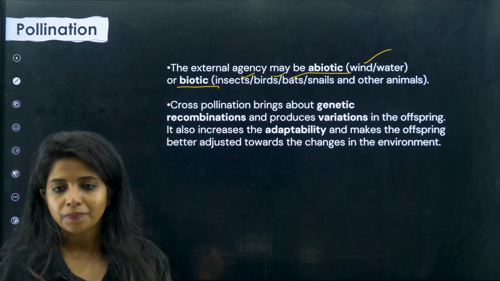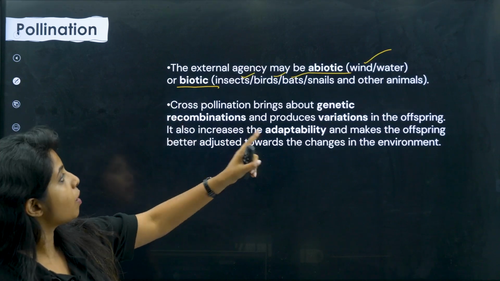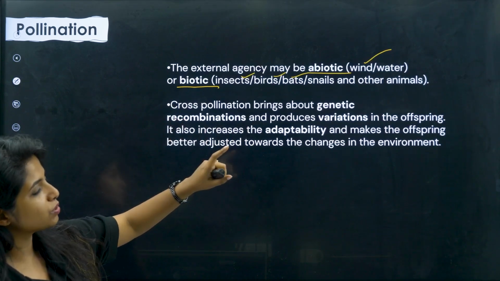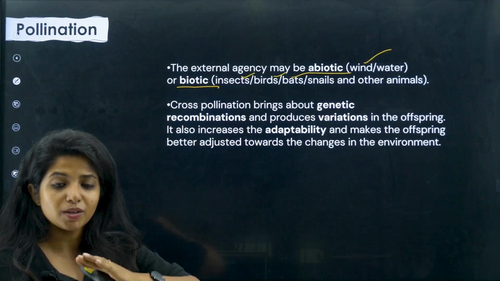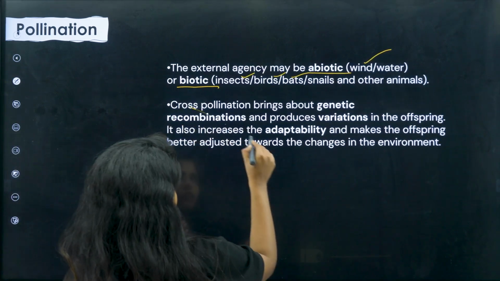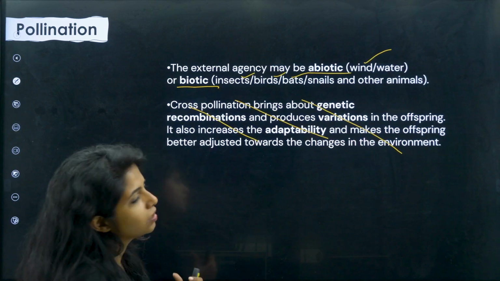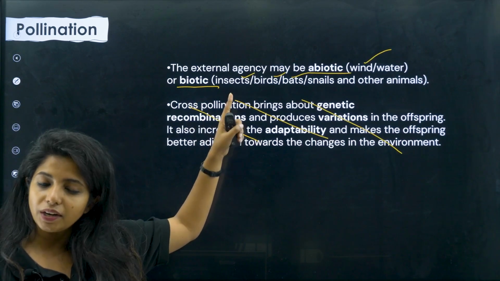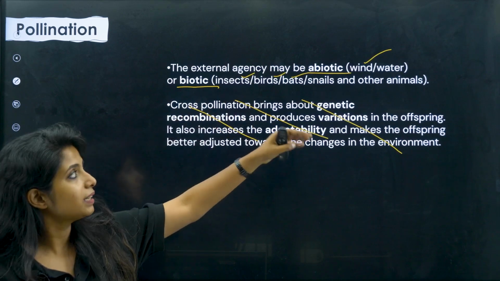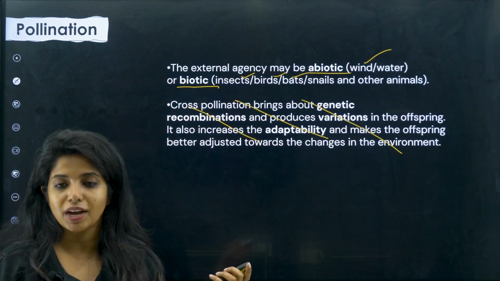Biotic factors. Now cross pollination brings about genetic recombinations and produces variations in the offspring. Why did I say that? Because when it happens between two different plants, that's when. But as of now, according to NCERT, they have not mentioned this, so let's not learn it. Okay, can you do this? External agencies are required. Abiotic as in non-living factors, biotic as in living factors.